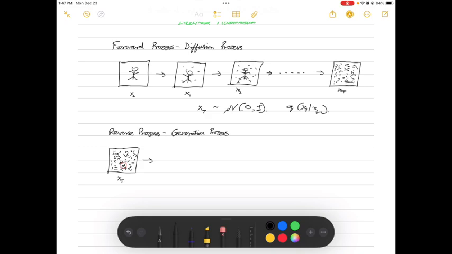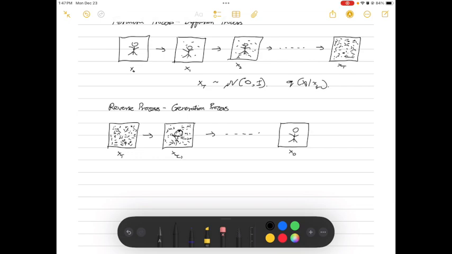We progressively try to remove noise by iteratively generating samples which aim to retrieve the structure. And if we do this, again, for up to t time steps, and are able to reverse this all the way back to x0, the hope is that we should be able to retrieve the clean sample x0.